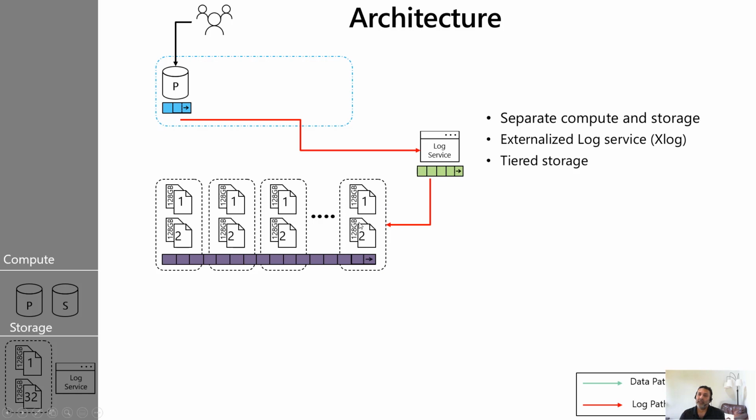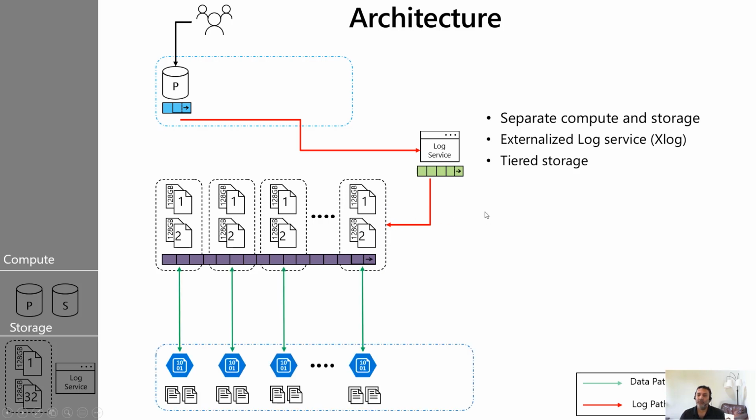Log is shipped by this log service to this covering cache, if you will. And then each of these files is backed up by Azure standard storage, so these files exist on Blob. The log service also destages these logs for longer retention.